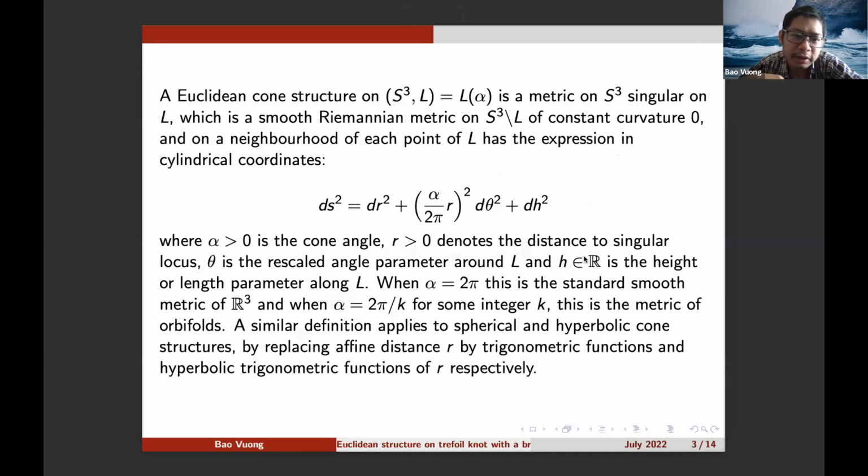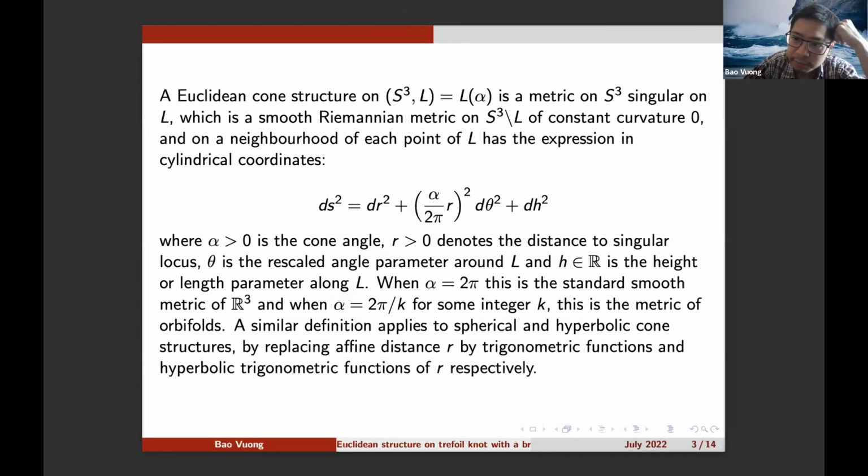So a Euclidean cone structure on a link is a metric on the sphere with singular set L, which is a smooth Riemannian metric of constant curvature 0 on the complement of the link in the sphere.